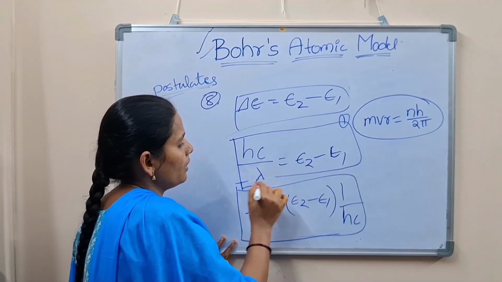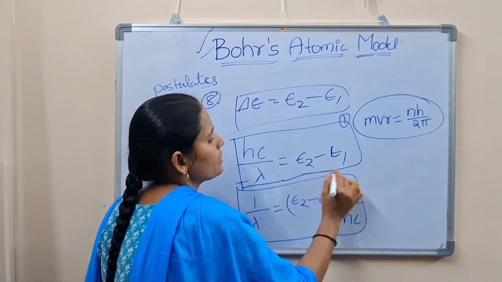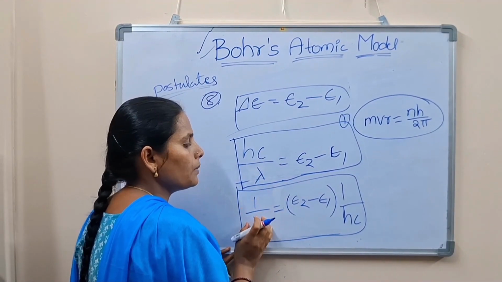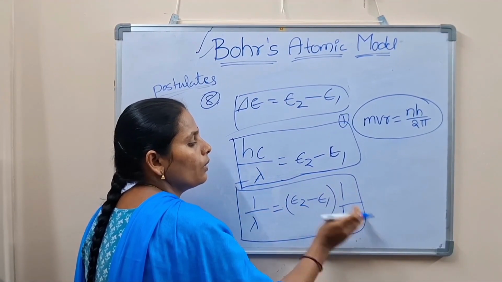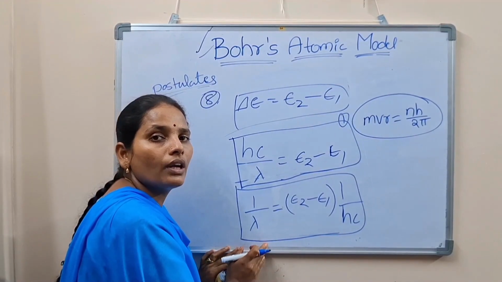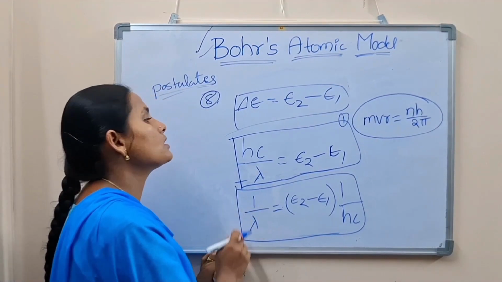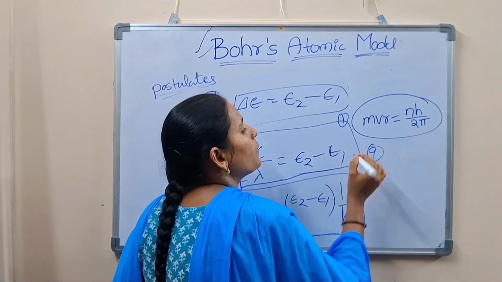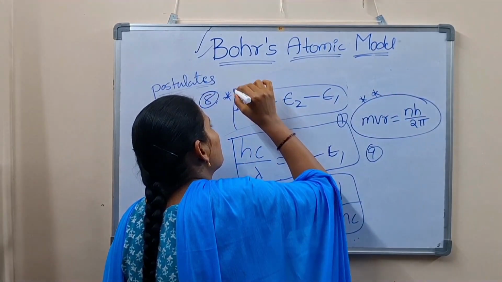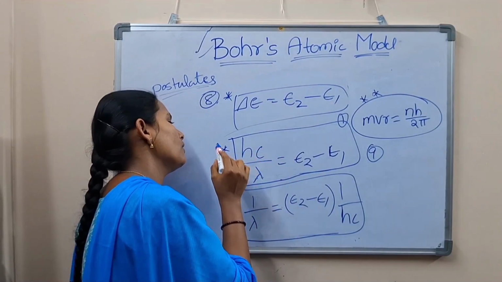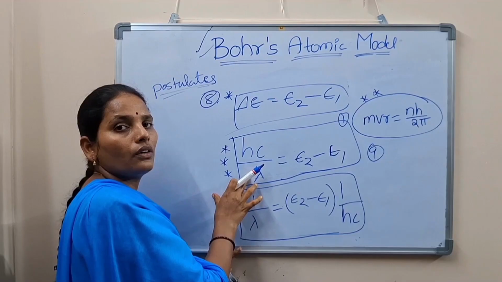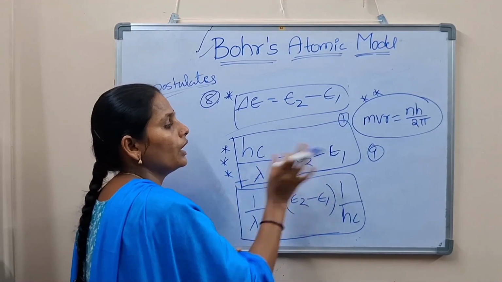From this we are getting 1 by lambda equal to E2 minus E1 into 1 by hc. By using this, wavelength of the electron also we are finding. This is the 8th point. Coming to 9th point, remember this formula and this formula also. This is also used for calculating the wavelength of the electron with reference to energy.